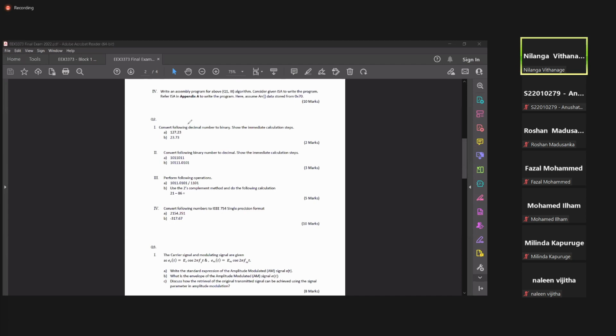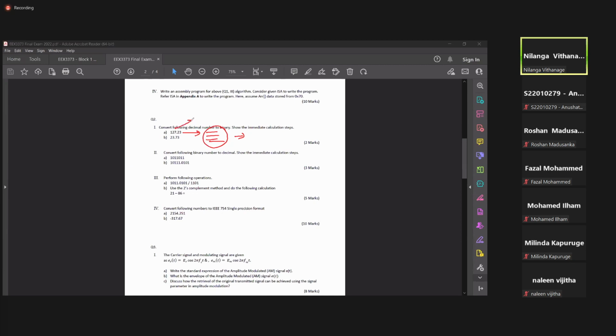Here, there are steps to do this. So you have to mention all these steps to get the full mark, right? Sometimes actually you can bring calculators to the exam hall as well.